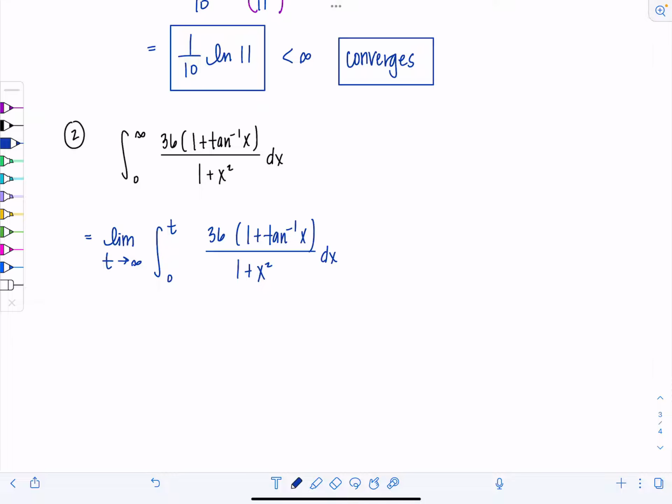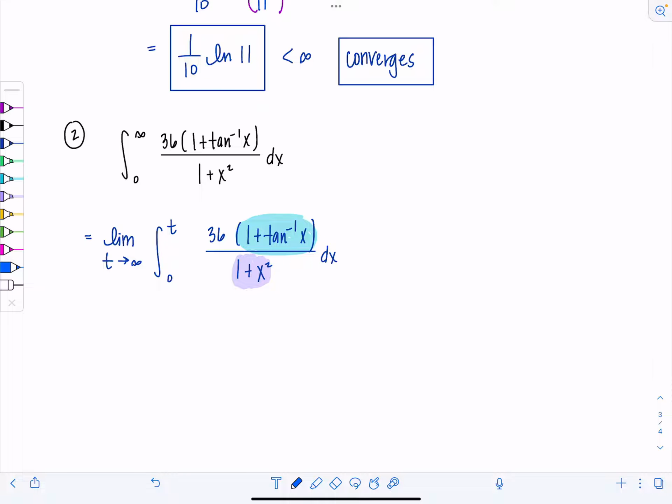All right, so now let's think how to integrate this. First thing that pops out to me is that we have this 1 plus x squared sitting in the denominator. And I know 1 over 1 plus x squared is the derivative of tan inverse of x. So I'm inclined to use a u substitution. And I'm actually going to throw the 1 in there because why not?